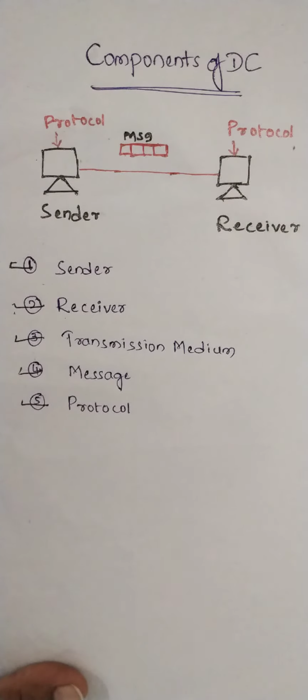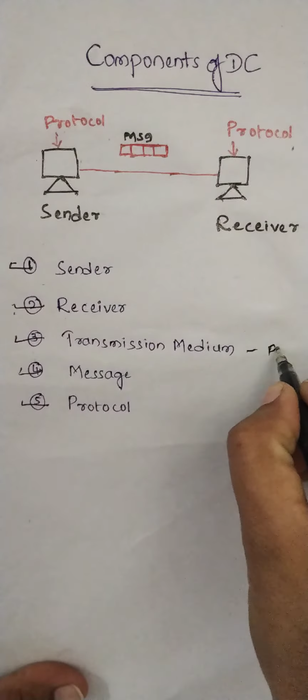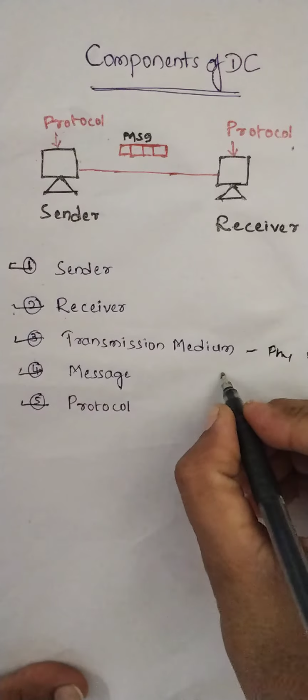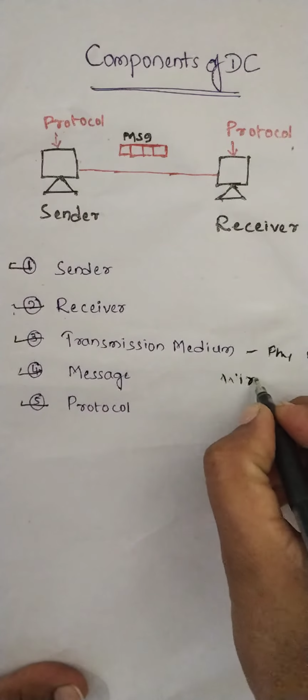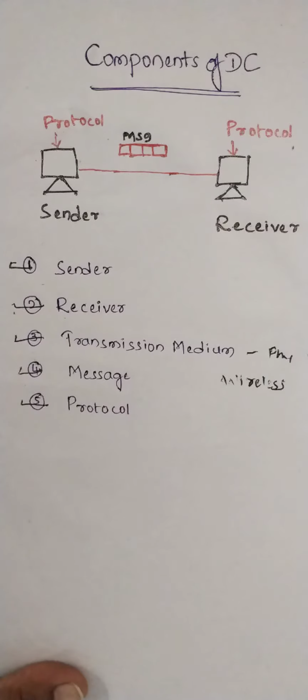The transmission medium may be a physical path through cable, or it may be a wireless connection. Through these two mediums the message is exchanged between sender and receiver.